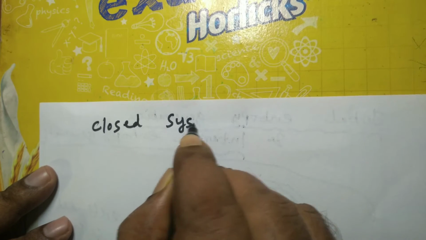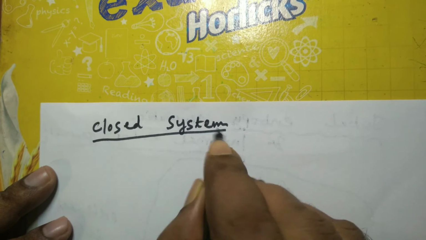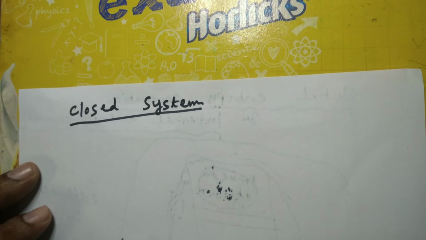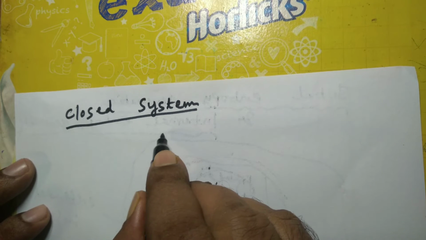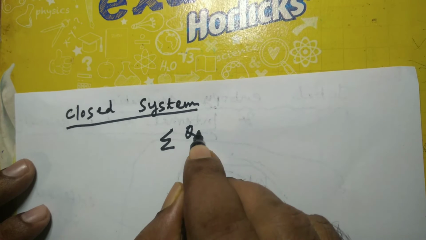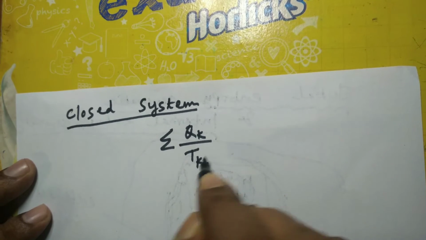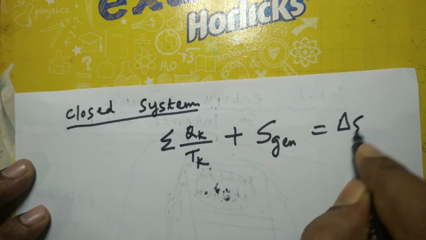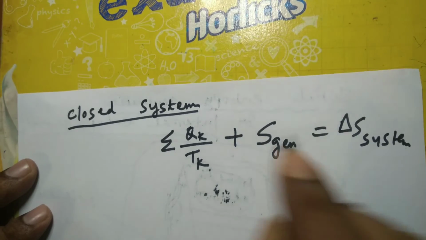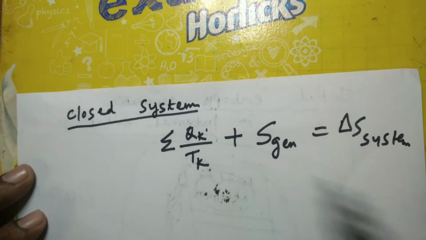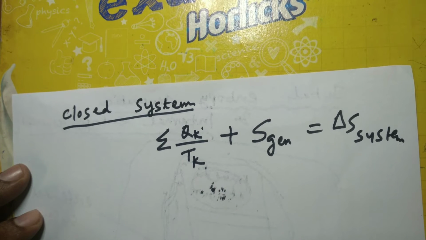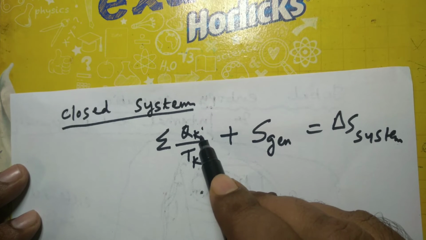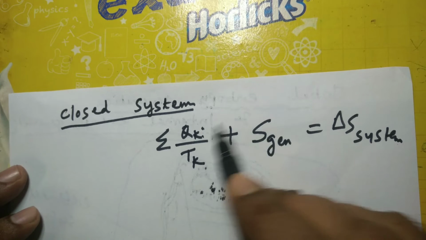For a closed system, there is no mass transfer. We know that a closed system is a system of fixed mass and there is no mass interaction between the system and surrounding. So now equation 1 reduces to sigma Qk by Tk plus S gen is equal to delta S system. Why? Because there cannot be any entropy transfer into the system or out of the system with mass flow, because there is no mass interaction between the system and surroundings.